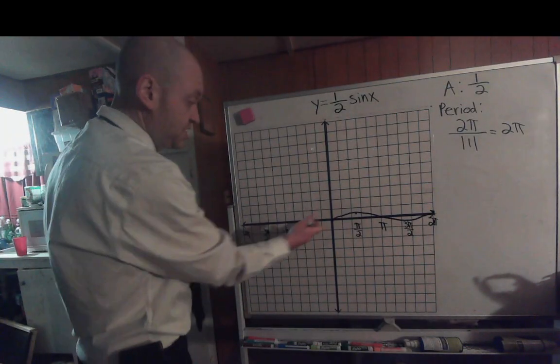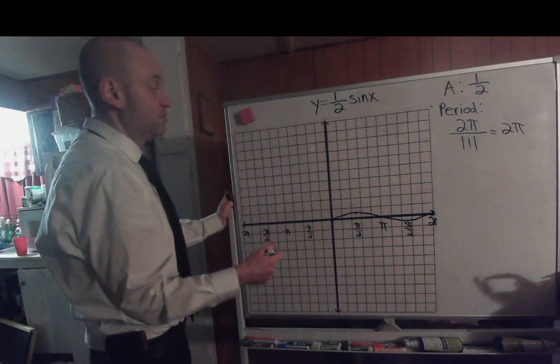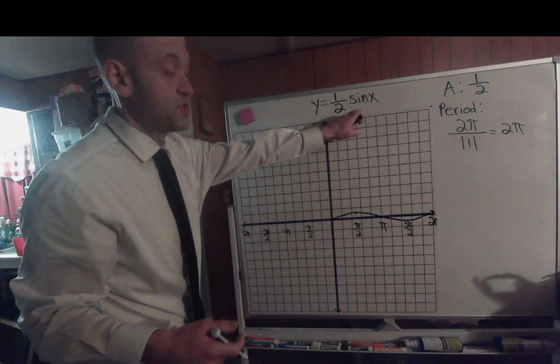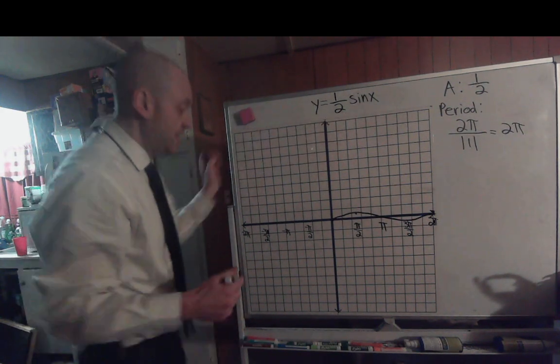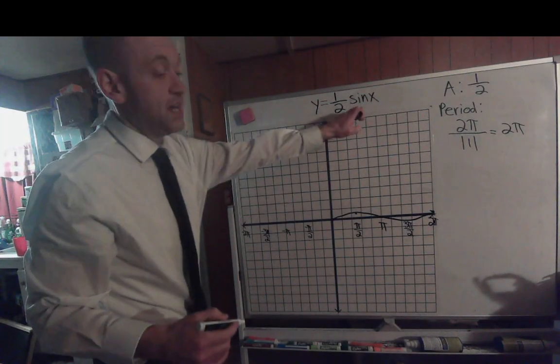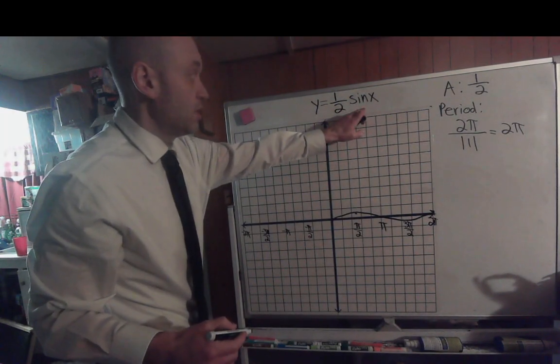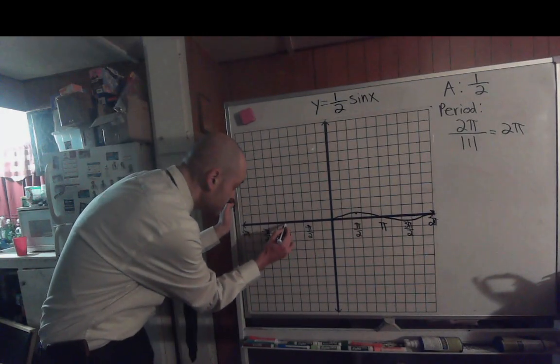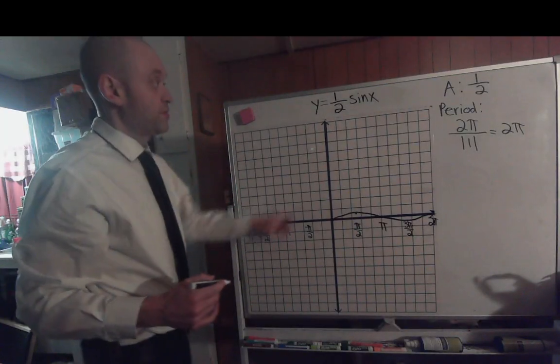Now let's do the same in the negative direction. So the sine of negative pi over 2 is negative 1. Half of negative 1 is, well, negative 1/2. What about the sine of negative pi? That's 0. Half of 0 is still 0. How about the sine of negative 3 pi over 2?